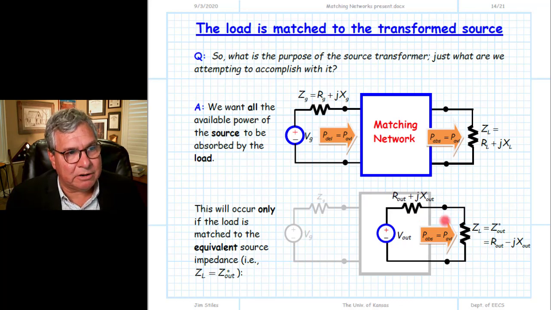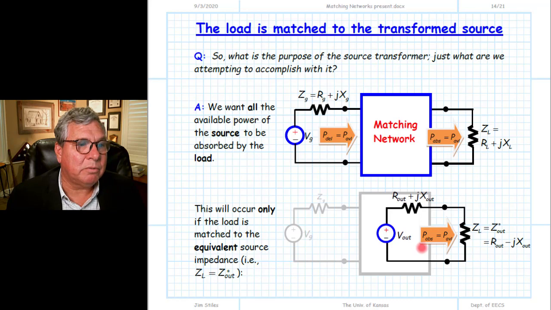What we're trying to do here is establish a conjugate match, a situation where the load impedance ultimately is equal to the complex conjugate of the source impedance so that it will extract energy from the source at its maximum rate. What is that maximum rate? It's the available power of this equivalent source. But because this matching network is lossless, the available power of this source must be equal to the available power of the original.